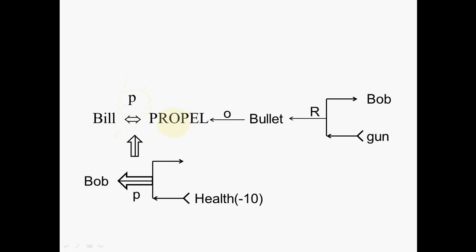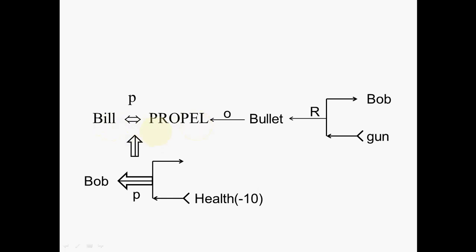Now what is the meaning of shot? Shot means the trigger was pressed and the bullet propelled from the gun and went and struck Bob. So what action are you going to use for shot? Propel action.